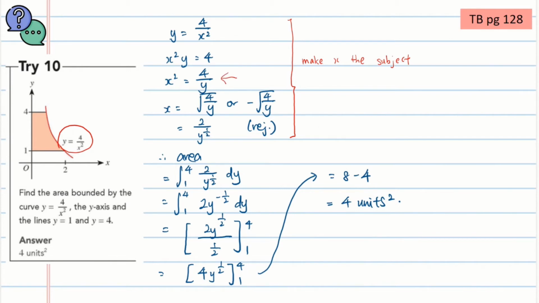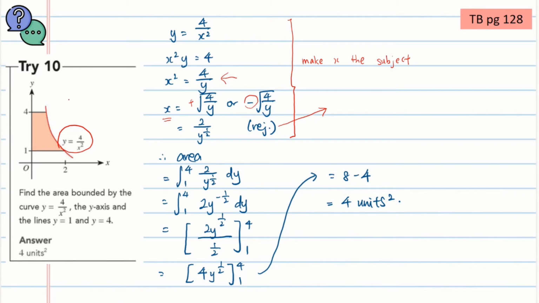Now observe that in making x the subject, at this step I have x squared equals 4 over y. Since I want x to be the subject, I need to take the square root. When I take the square root, I will have a positive square root as well as a negative square root. I'm sure you're wondering why I do this rejection. This expression here is for x, so x is either positive or negative.